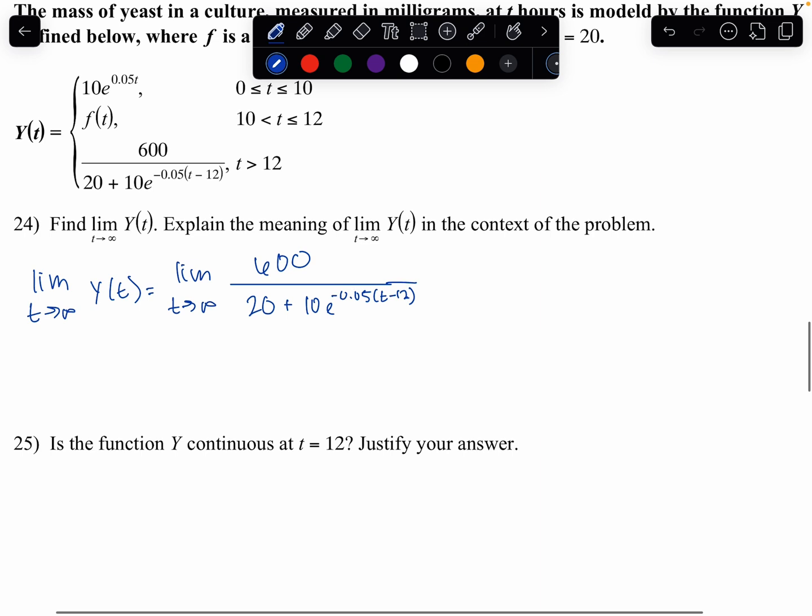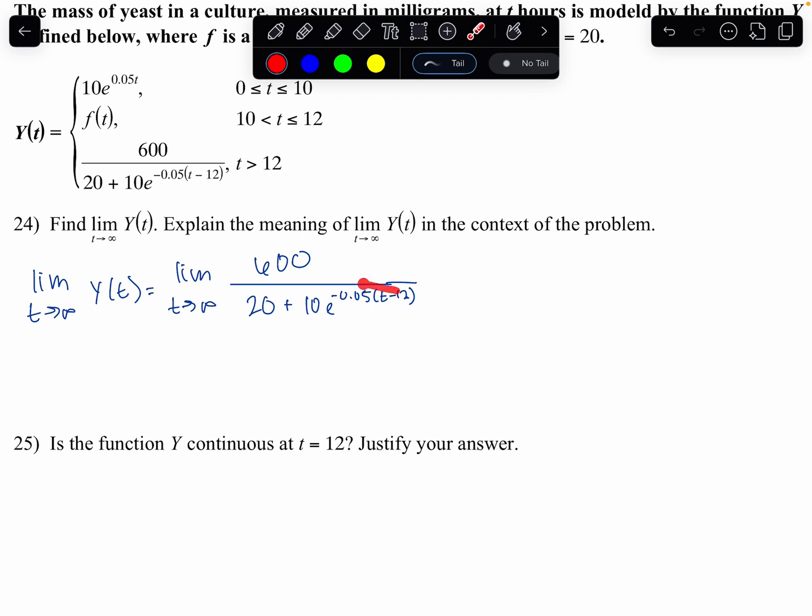Let's see if I can get this right. So at infinity, if it's a negative power and you're evaluating it at infinity, it is going to approach essentially 0. Eventually it will just get to 0.